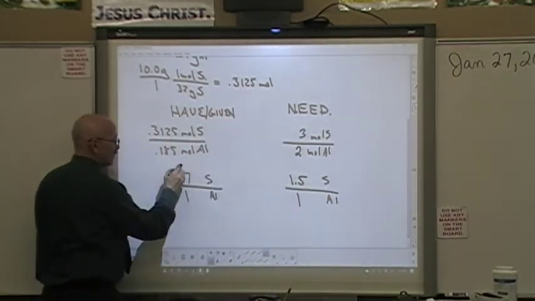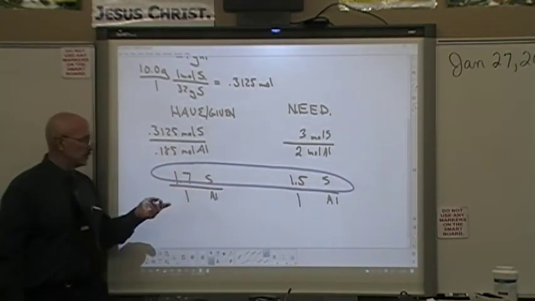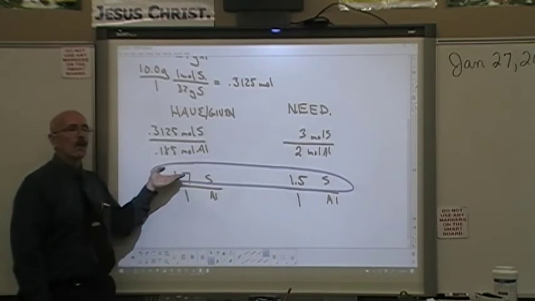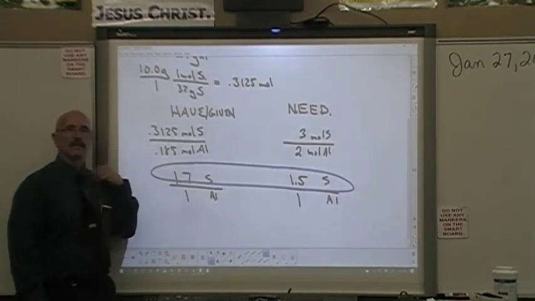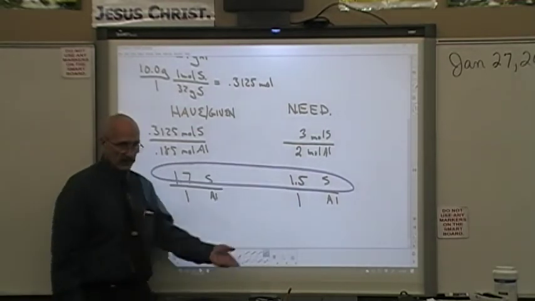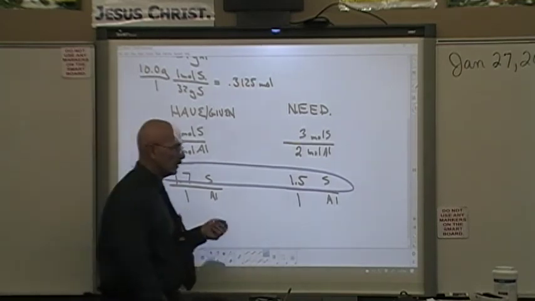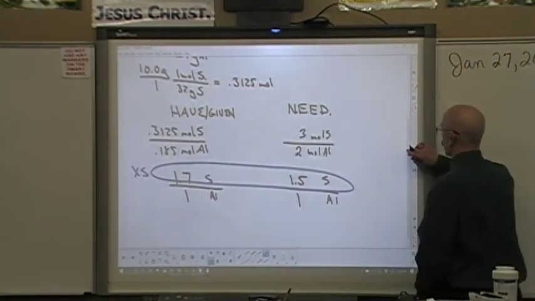And here's where I ask myself the question. And I'm going to ask you this question. Do I have more than enough or not enough sulfur? Kayla? More than enough. You got 1.7 bigger than 1.5, so this is my excess. And the other one, aluminum, is going to be the limiting.